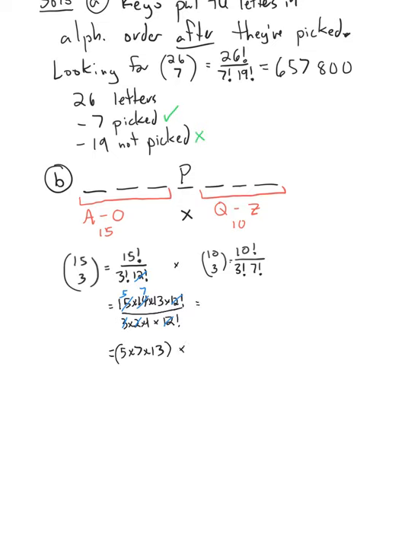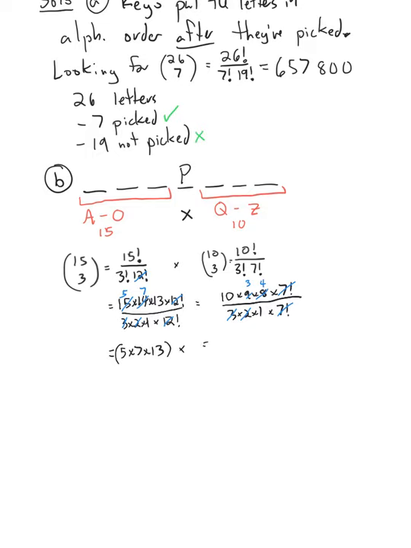And over here, same idea. So this is going to be 10 times 9 times 8 times 7 factorial over 3 times 2 times 1 times 7 factorial. 7 factorials cancel. Look for common factors. Take out a 3 out of the 9. Take out a 2 out of the 8.